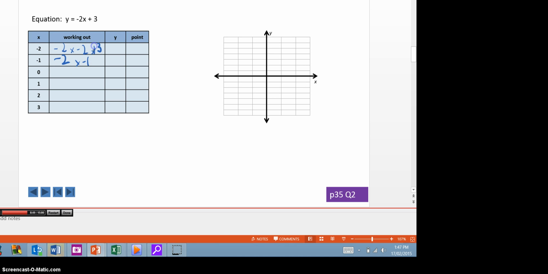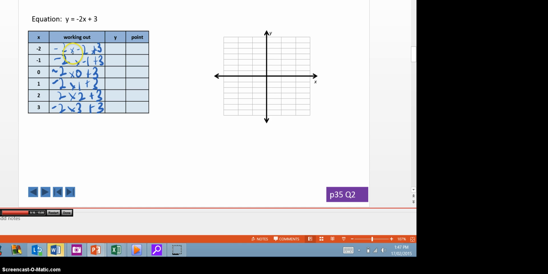If you can see that, then feel free to do all the working out in one go like I'm doing it. And then your y value will be the answer.